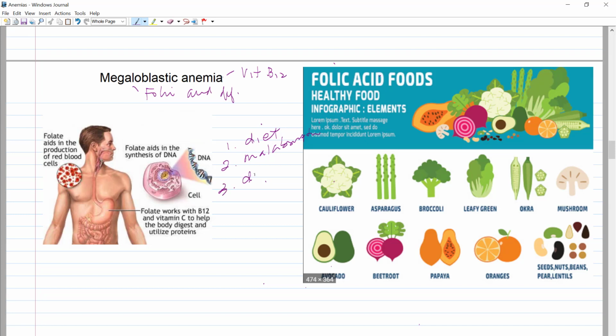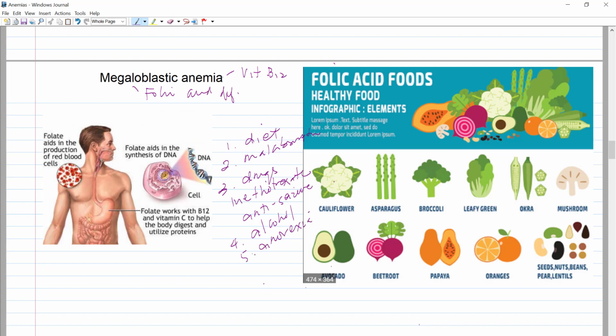So with the drugs, we have here methotrexate, and you've learned in pharm that methotrexate is an immunosuppressant drug and it can alter folic acid absorption. Not only that, anti-seizure meds can also alter folic acid absorption, like phenobarbital, phenytoin, chronic alcohol use.